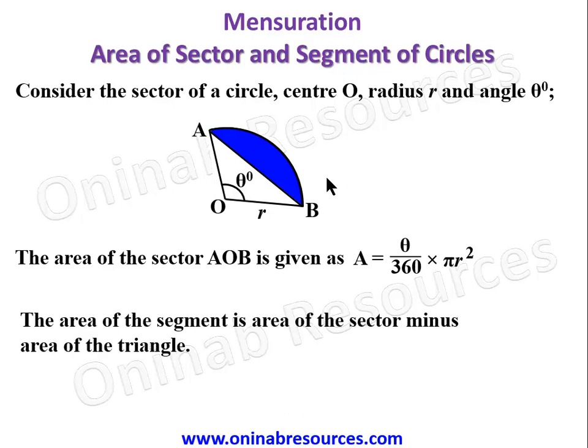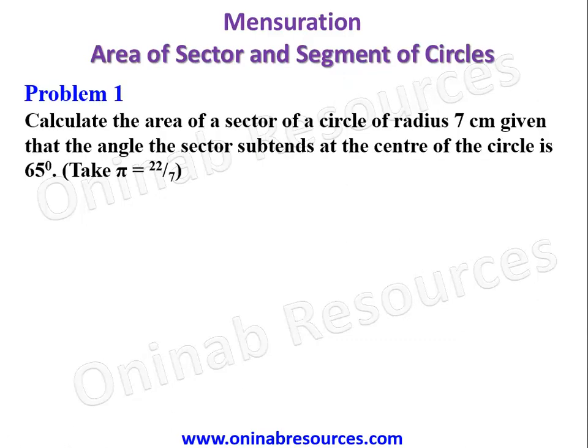So we just stated here that the area of the segment is the area of the sector minus the area of the triangle. We shall see how to go about this as we solve some problems on area of sector and segment of circles. So we take our first problem.